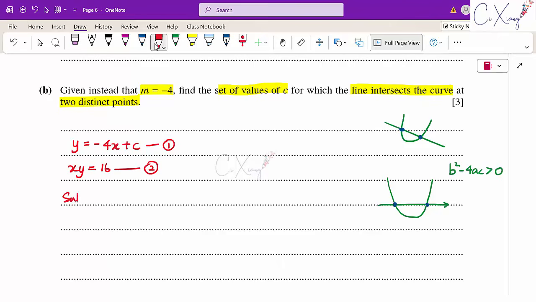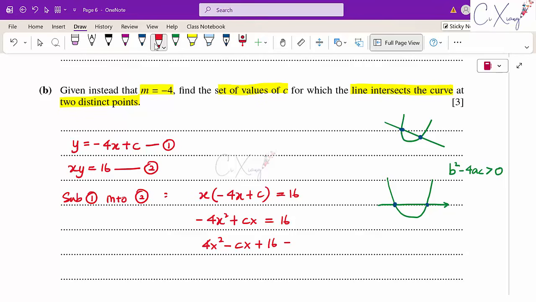Then again, substitute equation number 1 into equation number 2. And what do I get here? I will have this. Okay, so this is what I have.